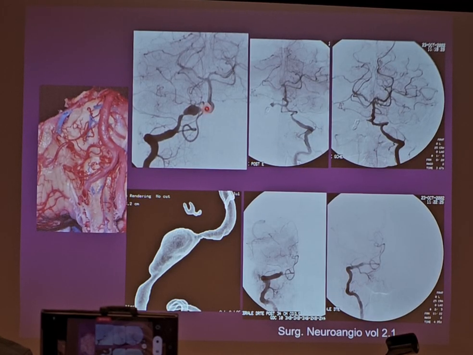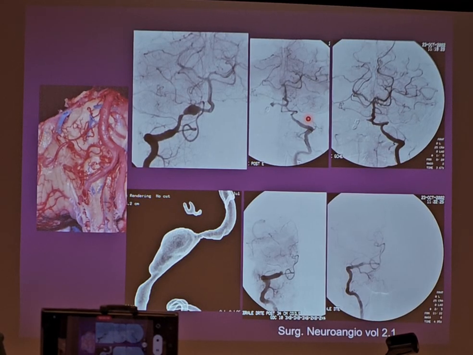You can sacrifice that, leaving the ipsilateral vertebral supplying this extradural PICA still there, but no need. If the contralateral system is enough, you can do this treatment.